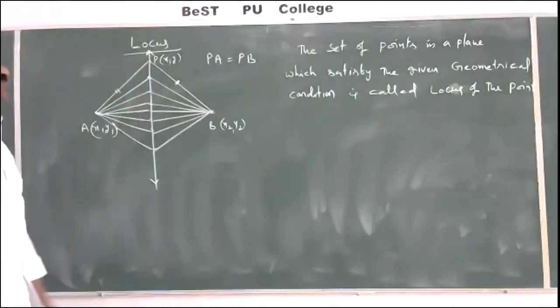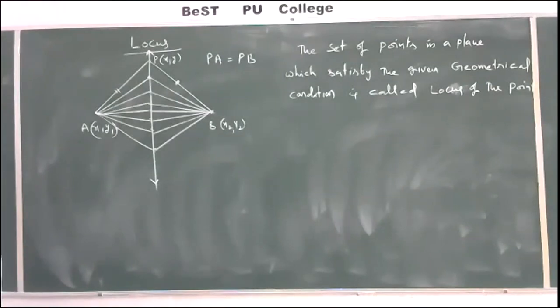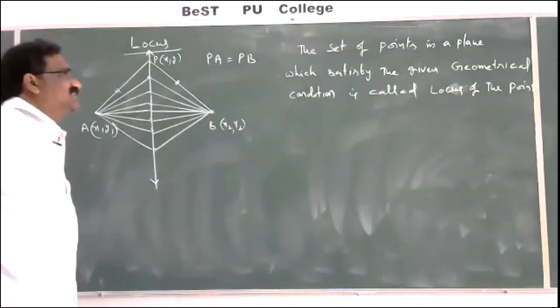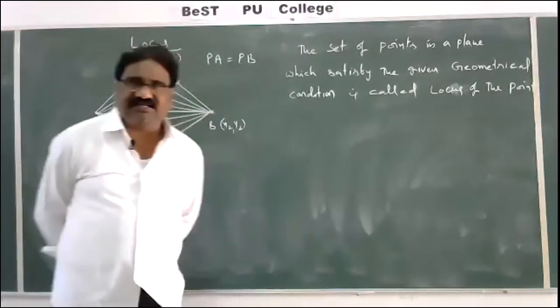The set of points in a plane which satisfies the given geometrical condition is called locus of the point.